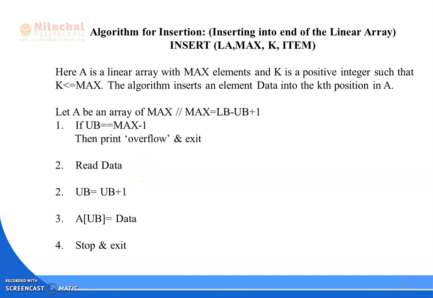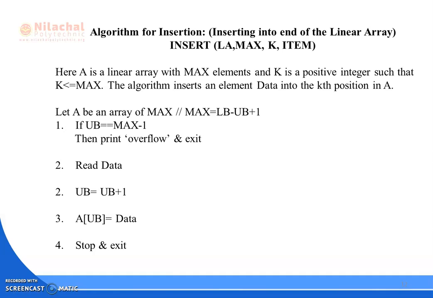So if the upper bound of an array is 4, for example, the lower bound is 0 and the upper bound is 4, so there are 5 elements in the array. Then it will increase the upper bound by 1, making the upper bound 5.